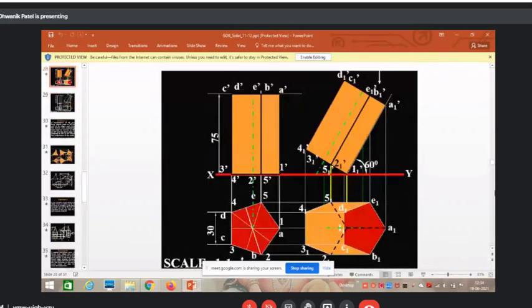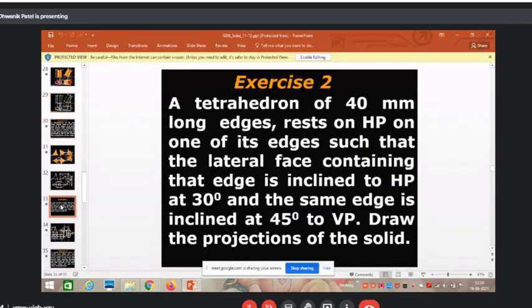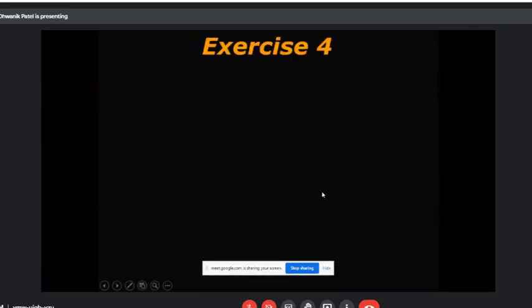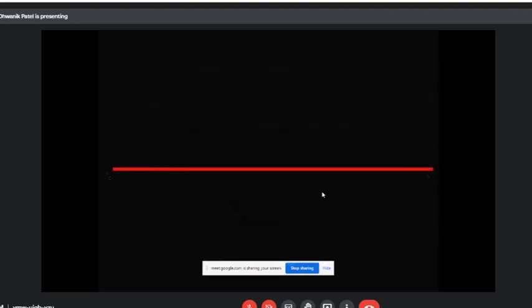The first one we gave was Question 4: a regular pentagonal prism, side of base 25 mm, lateral edge passing through a corner makes 45 degrees with HP. Sir, please take out the answer sheet page, the one in which the edge is making 45 degrees.